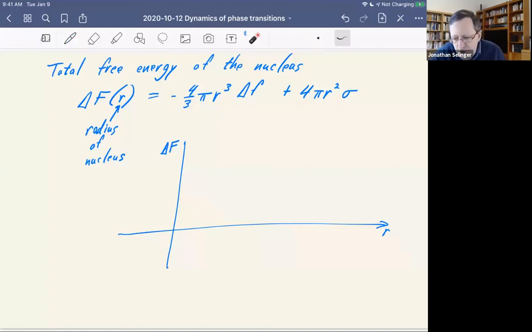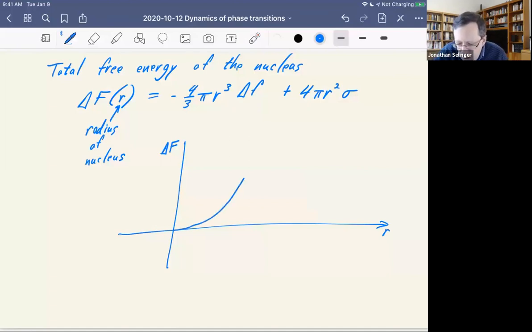For small r, r squared is much bigger than r cubed. So for small r, this plot is going to increase like r squared. It will look like a parabola. So we must have a trend like that.